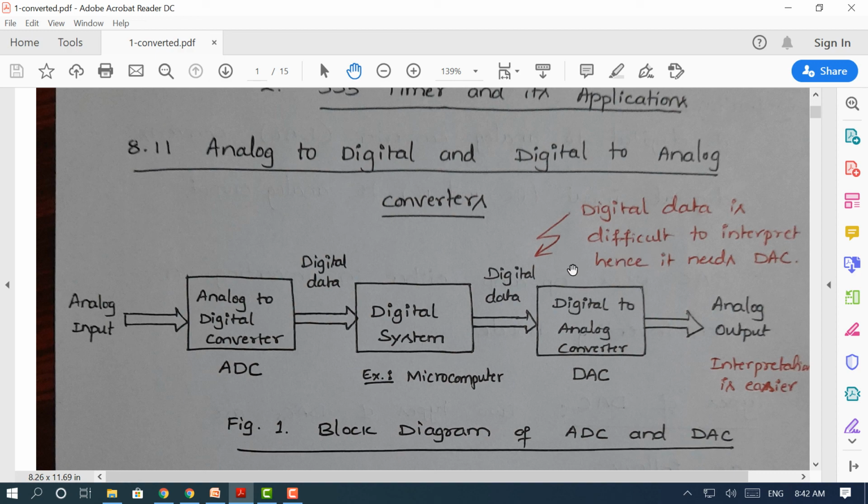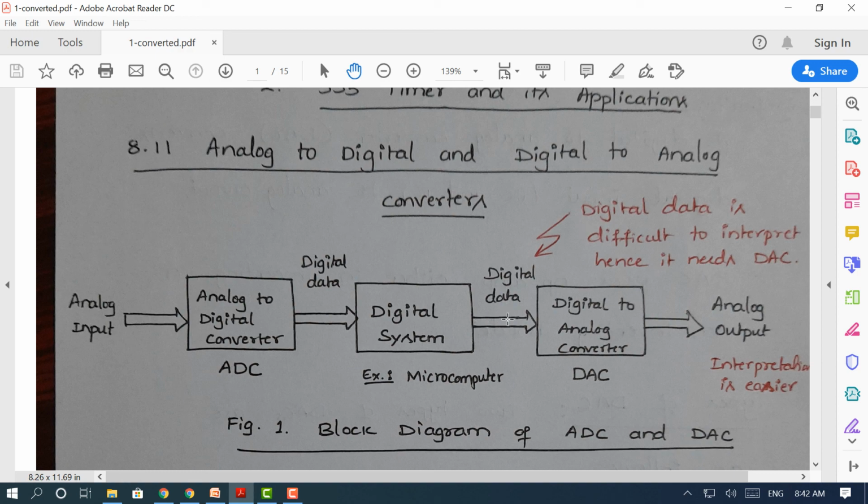So interpretation becomes very difficult when the data is in digital form. Only from a processing perspective, we convert analog data to digital form, and once the digital data is processed, it becomes very difficult for us to interpret.